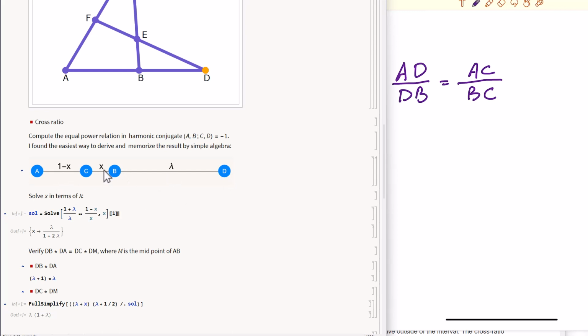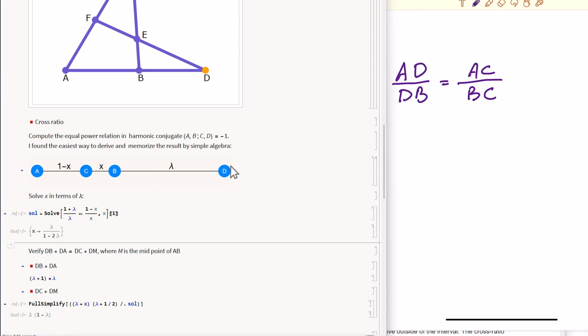So if AB is 1 and BD is lambda, you just plug this relationship into this equation, and this is what we have. Eventually we have x equal to lambda over 1 plus 2 lambda.